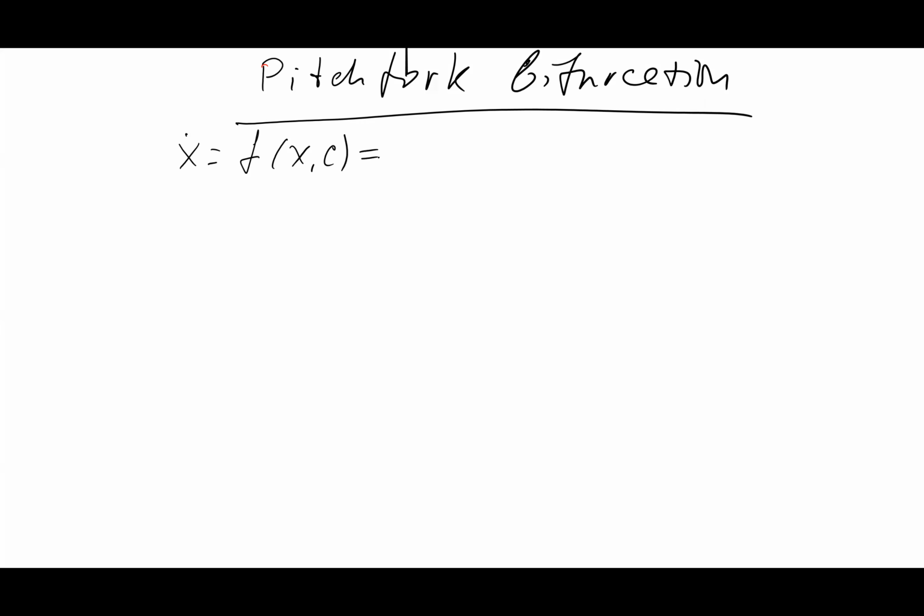And now I will use slightly different notation. Instead of using b, d, e, and so forth, I will use a's, like a1 times c plus a2 times x squared. I need it because I will have many more terms. a3 times xc plus a4 times c squared. So this is the second order approximation.